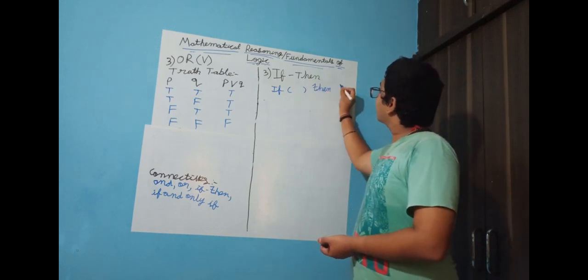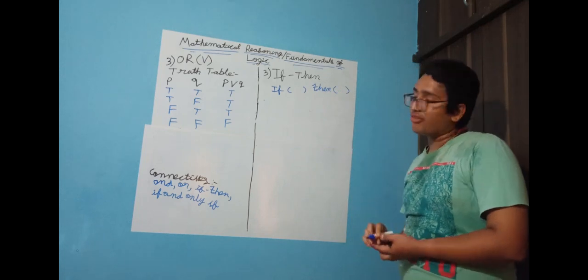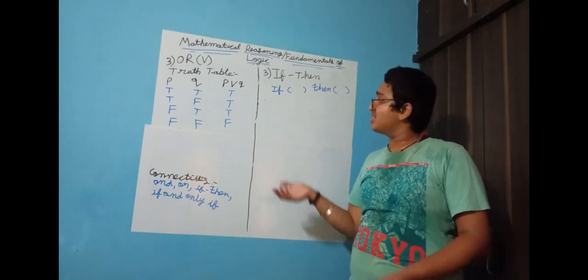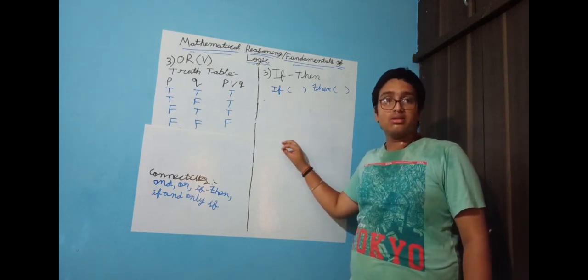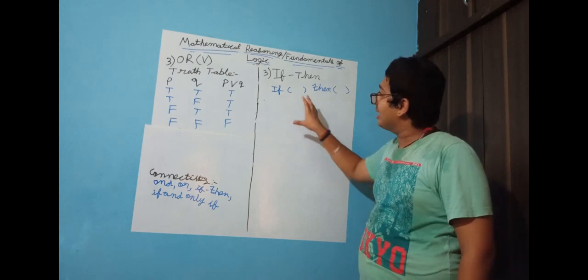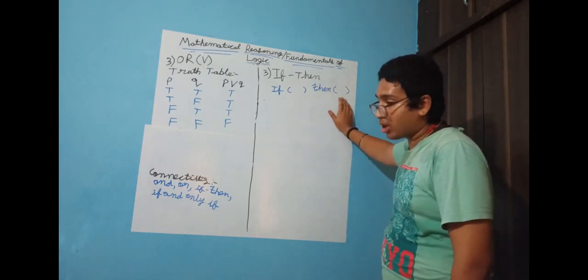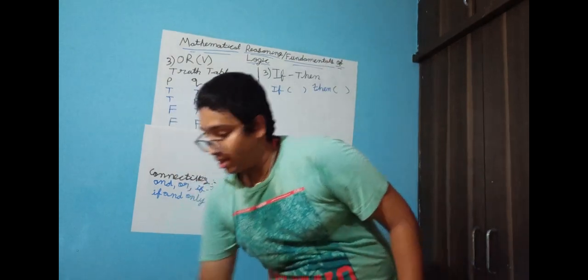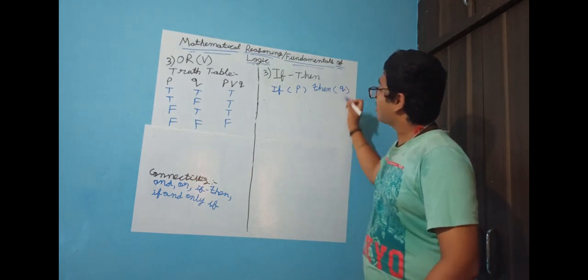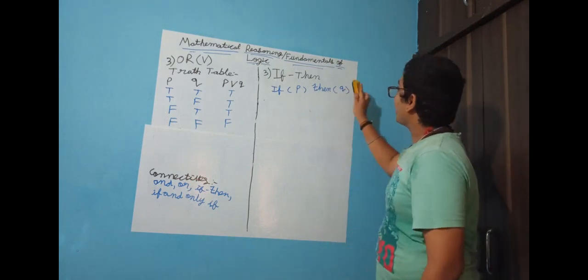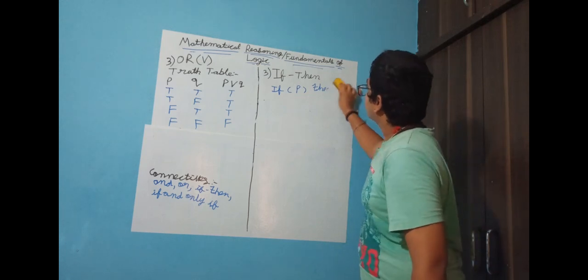I hope everyone is aware of computer programming languages. If the condition is true, then only the conditional statement will execute, right? Like that only. If the condition is true, then only the action takes place. Nothing but if the first statement, then the second statement. Here in mathematical reasoning, we have to say it like that.